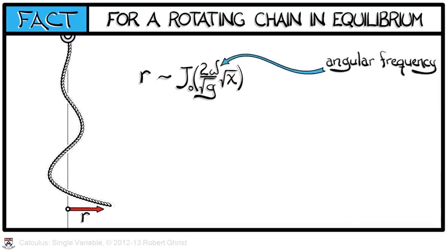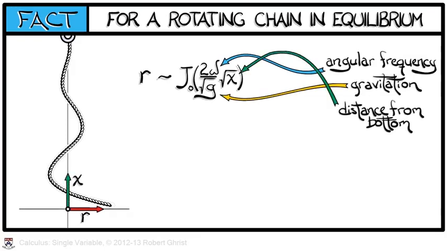Here, omega is the angular frequency, or how fast you're spinning that rope. G is a gravitation constant, and x, most importantly, is the distance not from the top of the rope, but from the bottom of the rope. Now, you don't need to remember this formula. You don't need to know how it's derived.